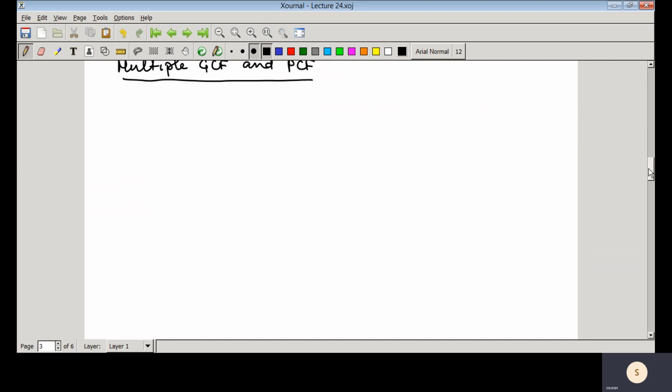First we consider multiple phase crossover frequencies. Suppose we have this type of plot.